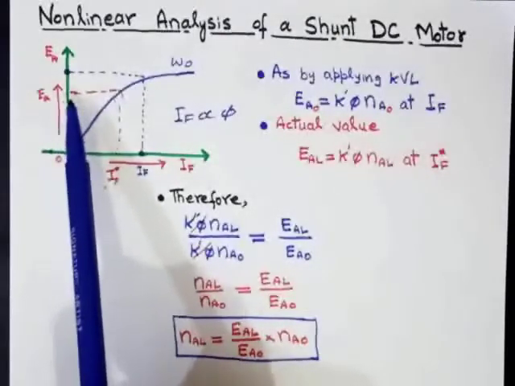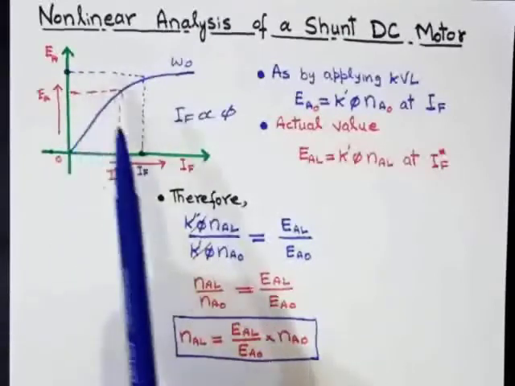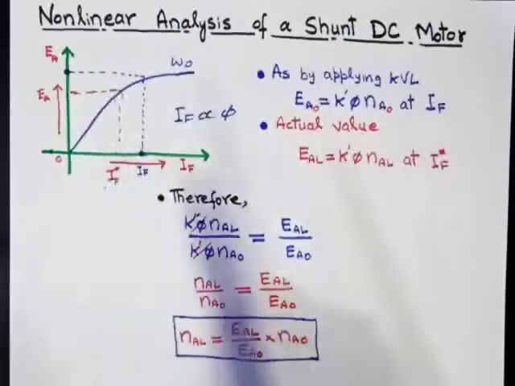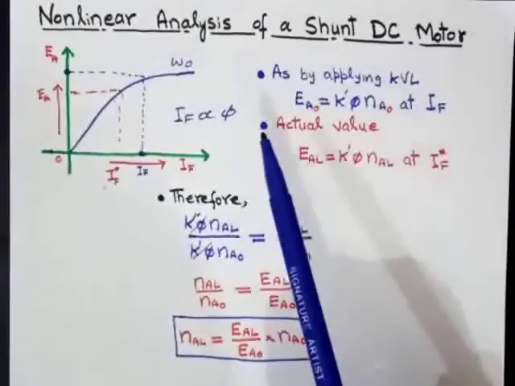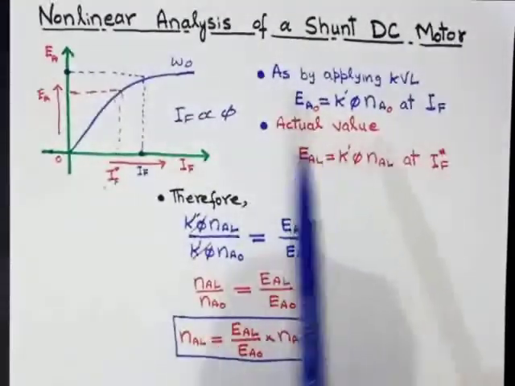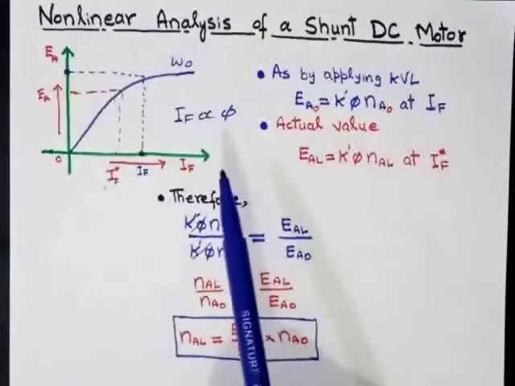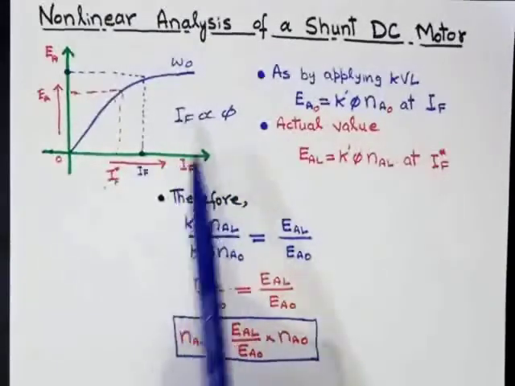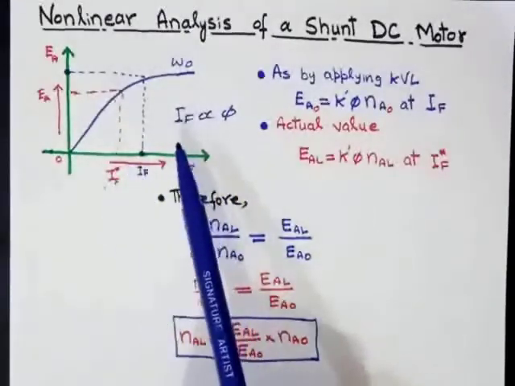generated voltage EA. The important point here is that flux is going to reduce due to armature reaction. As we have already discussed, due to armature reaction, the flux weakening problem exists. Flux weakening means flux will reduce in the DC motor.